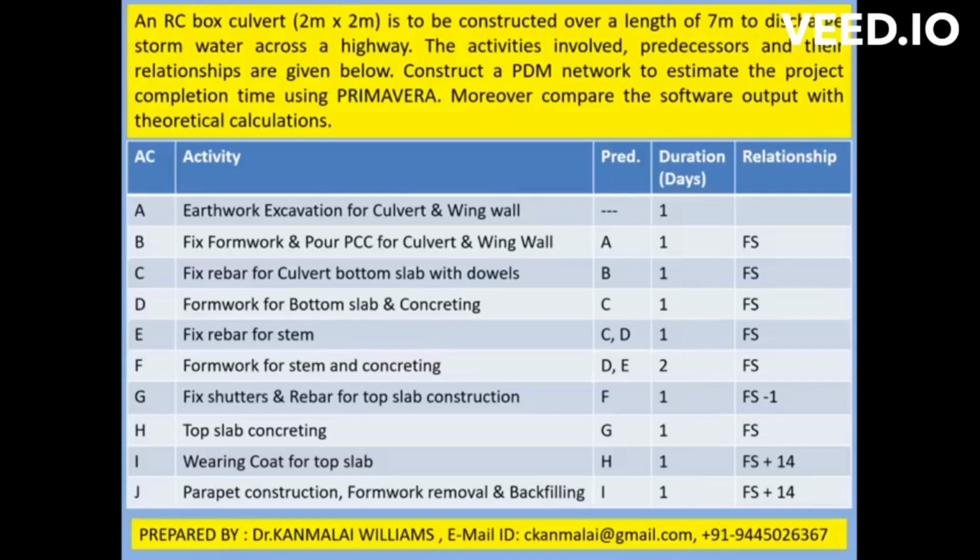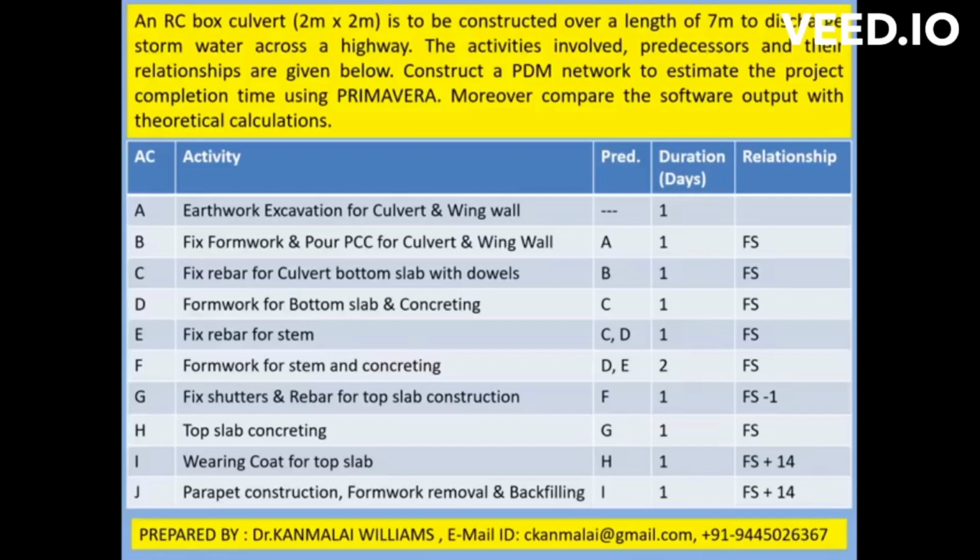The activities involved in this construction project, their predecessors, and their relationships are given in the following table. We need to construct a PDM network in order to estimate the project completion time using Primavera, and moreover, we have to compare the software output with our theoretical calculations.